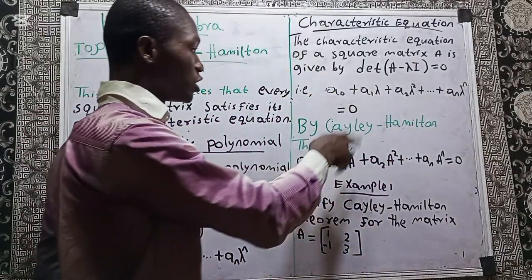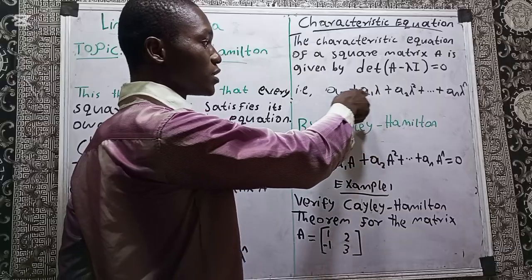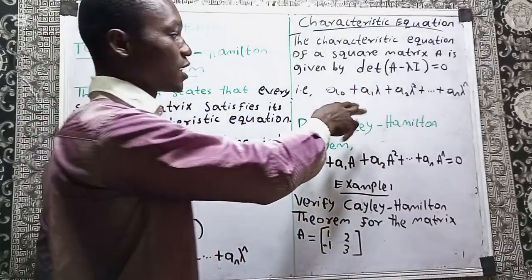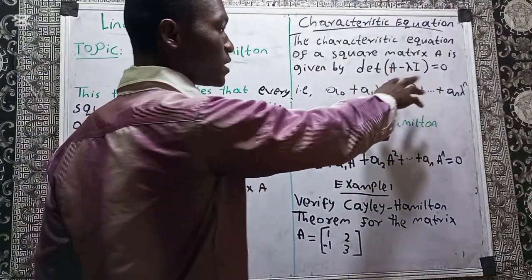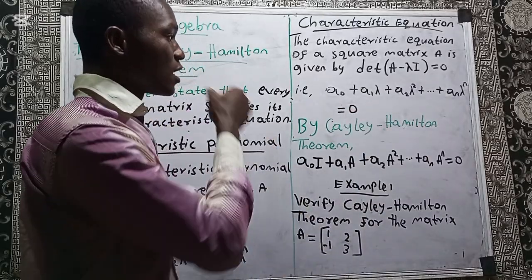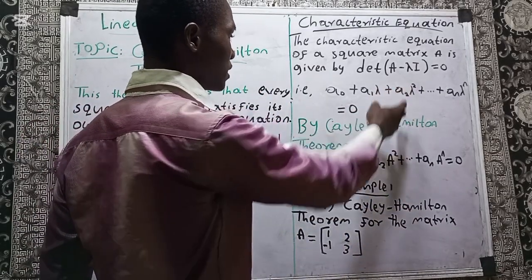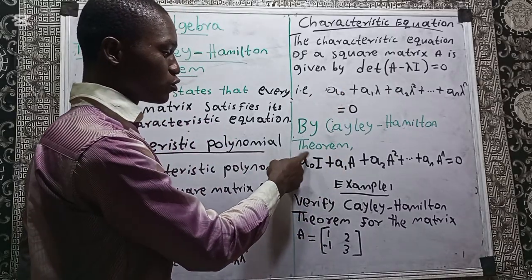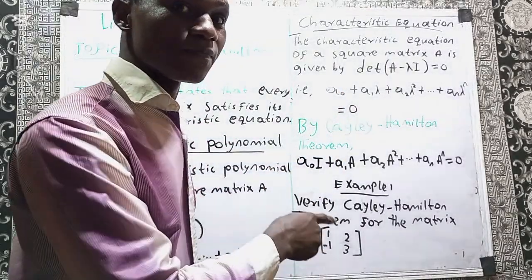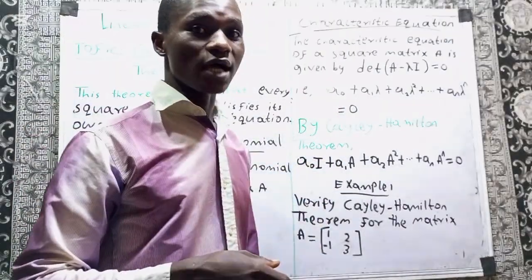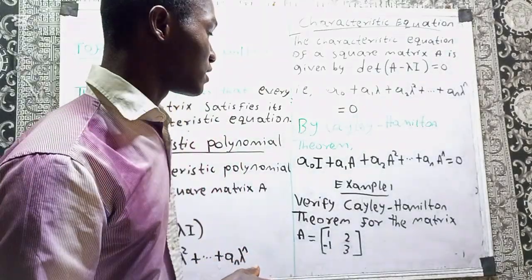So if you plug in A for lambda, that is, anywhere you see lambda in this equation, you put matrix A. Since you are putting the matrix A in place of lambda, the constant has to be multiplied by the n by n identity matrix.